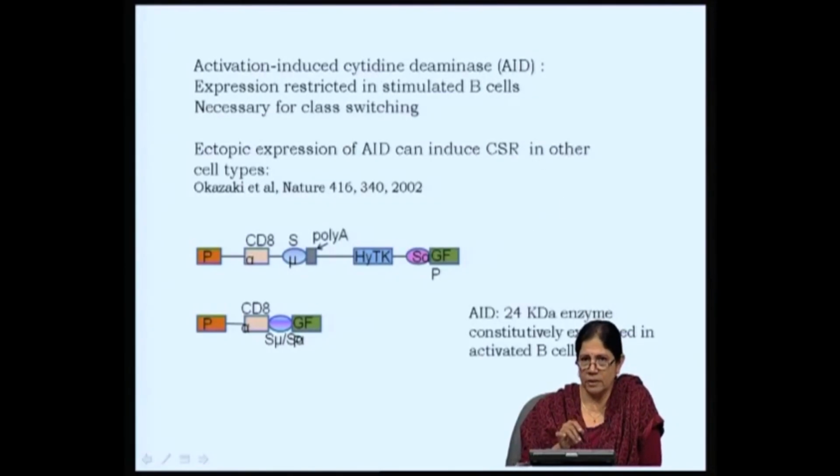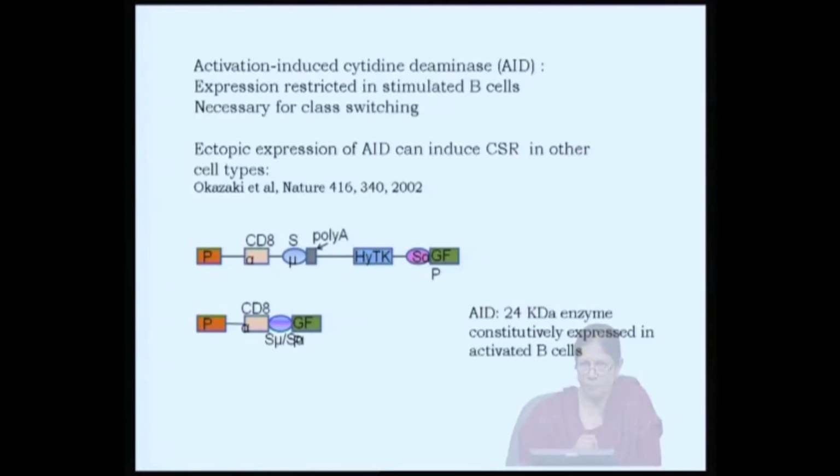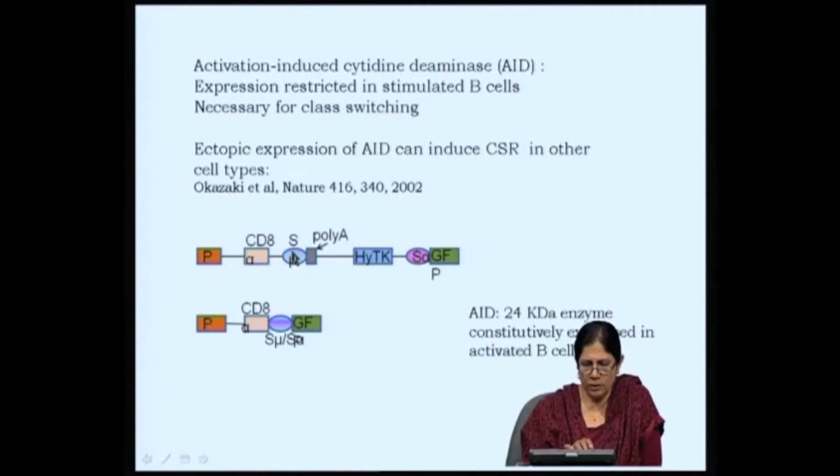Once again, as in some of the previous experiments that I discussed with you, Okazaki et al. made an interesting construct which was transfected in fibroblast cells. So, they have the construct where there is a promoter, next to which is CD8 alpha.